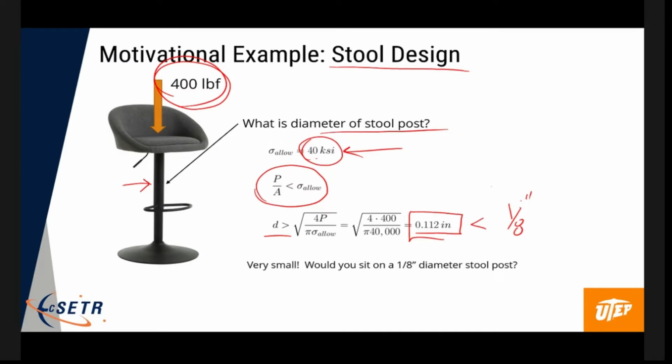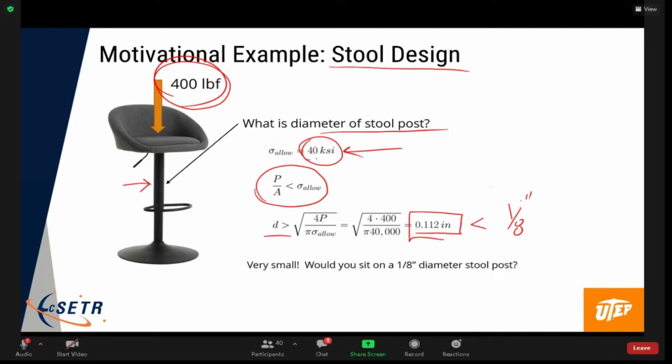So what do you think would happen if you saw in the store a stool with a 1/8 inch diameter post? Would you think that would be a reasonable solution? Definitely not. Why? Obviously, it would look pretty comical, I think, right?